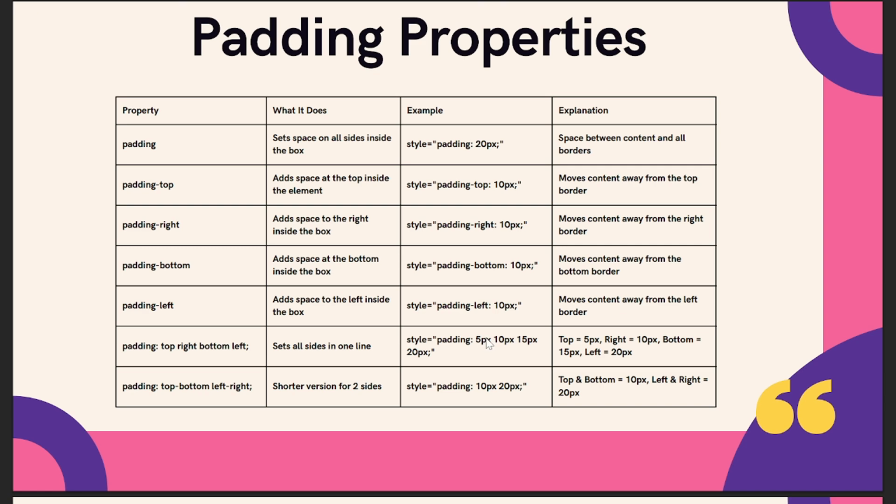You can say 5 pixels, 10 pixels, 15 pixels, 20 pixels. Now what are you doing? You're telling it, give 5 pixels to the top, give 10 pixels to the right, give 15 pixels to the bottom, and give 20 pixels to the left. That means you don't want to have equal padding.